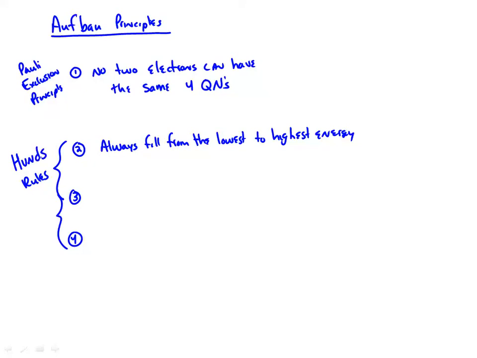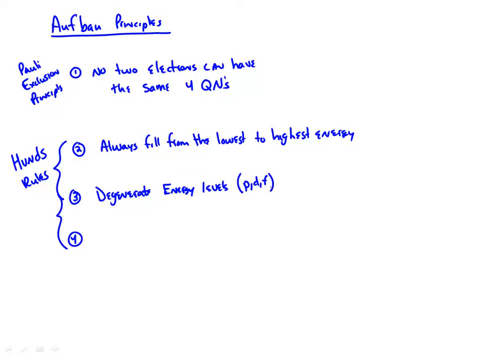So we always fill from the lowest to the highest energy levels. If we have what are called degenerate energy levels, and that would mean things like P and D orbitals for us. We're not going to do too many F's.